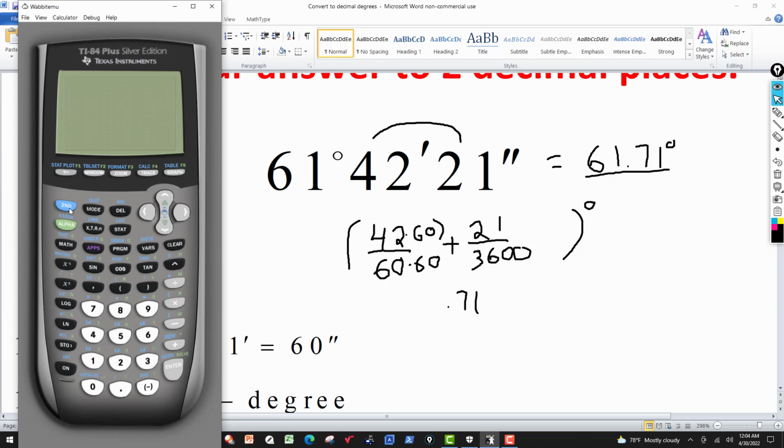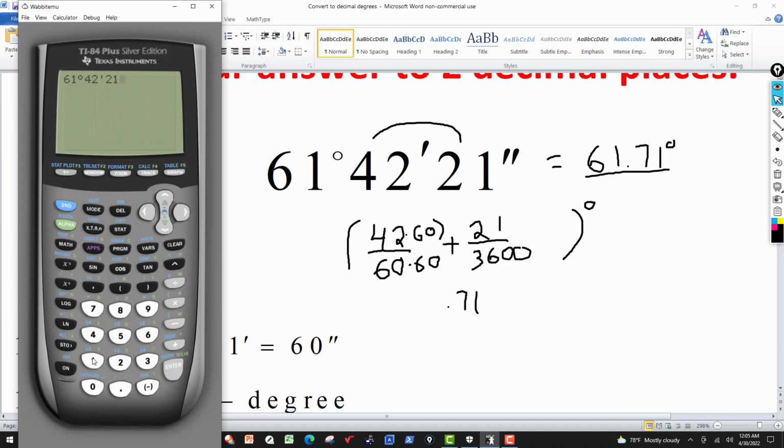On this one here, we enter the 61. And then I go to second, and I go to angle. Number 1 is degrees, so I hit 1. Then enter the 42. Back to that menu on angle. Number 2 is minute. So I got 61 degrees, 42 minutes. Then I need 21 seconds, so enter the 21.